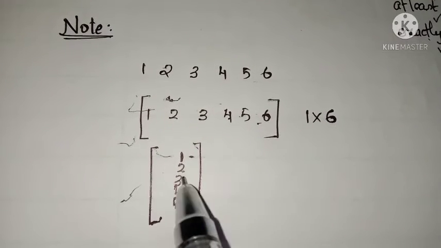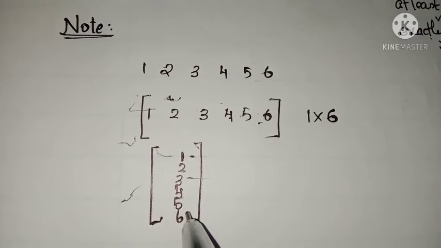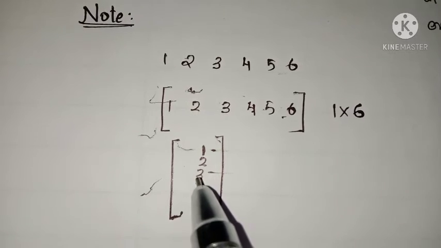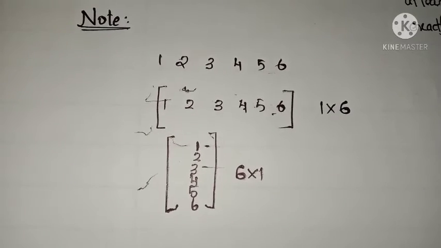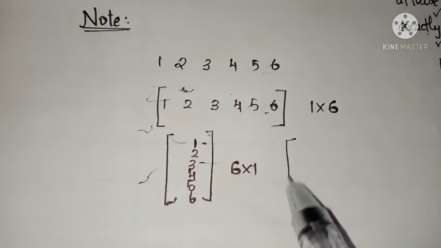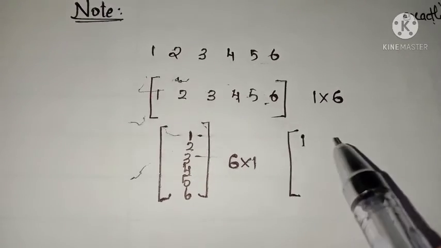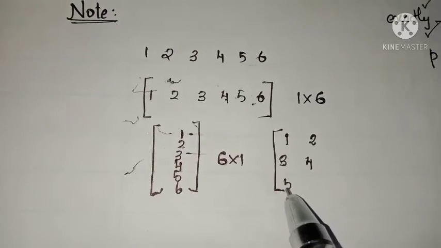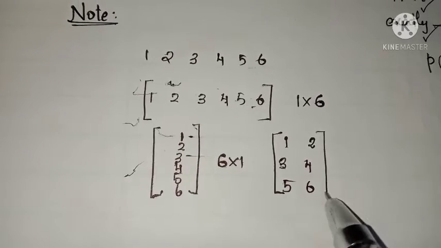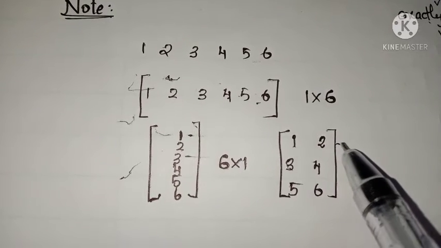So there are 6 rows and only 1 column, and therefore this is a column matrix of order 6 by 1, isn't it? Another chance is that we can arrange these numbers as 1, 2, 3, 4, 5, 6. How many rows and columns are here?